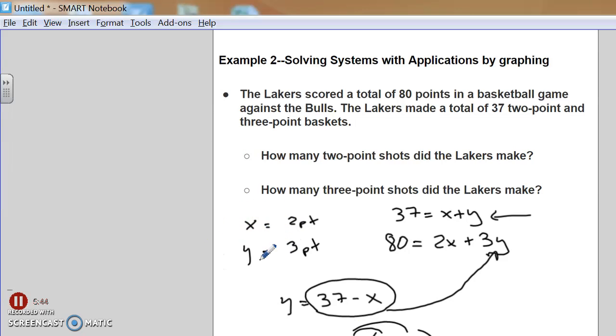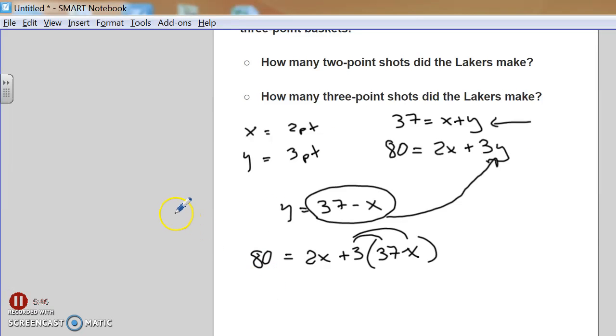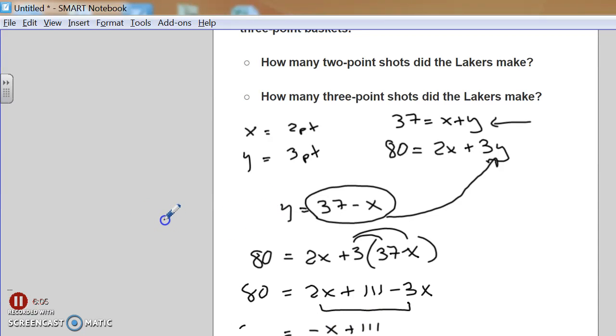We're going to distribute, and I'm going to get 80 equals 2X plus, and 3 times 37, I get 111 minus 3X. I want to combine these two, so I get negative X plus 111 equals 80.